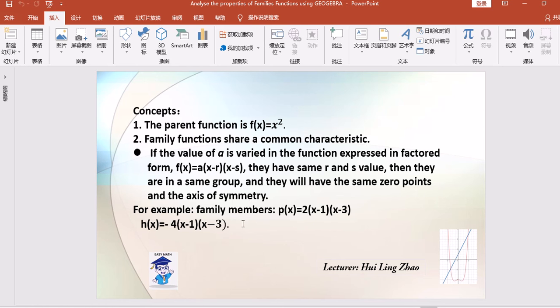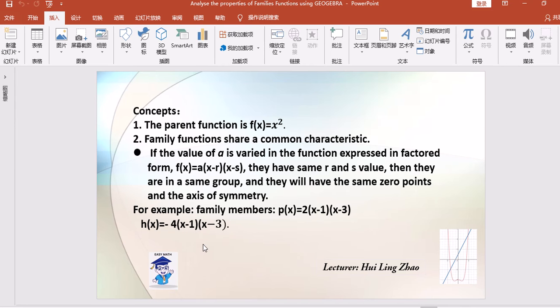For example, p(x) equals a times (x minus 1) times (x minus 3), and the second one, h(x) equals negative 4 times (x minus 1) times (x minus 3).